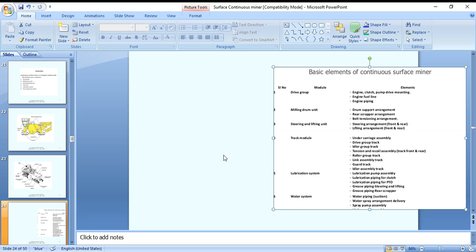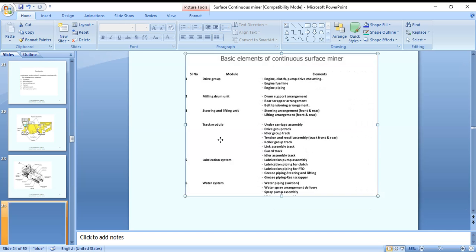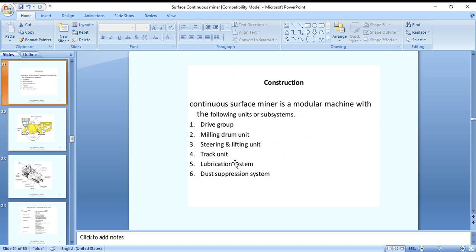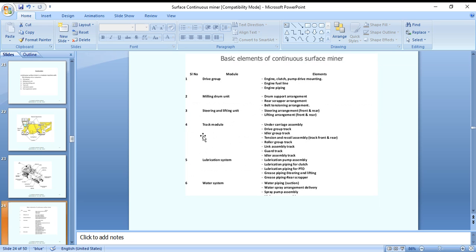These are the overall different types of modules, basic components, and the elements in each particular system. You can easily understand them from the construction point of view. The subsystems and their elements are given in this slide.